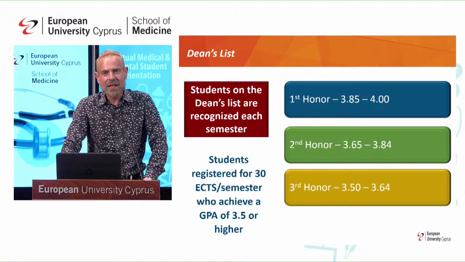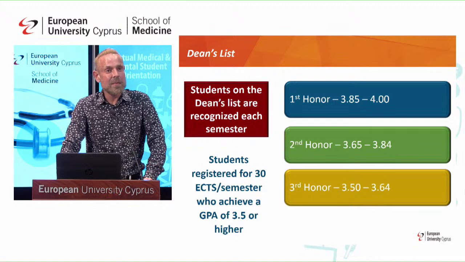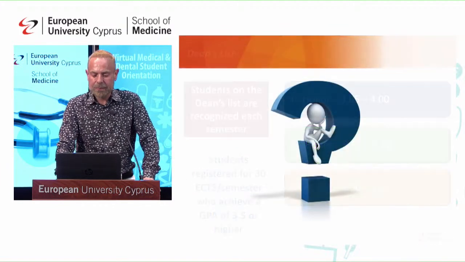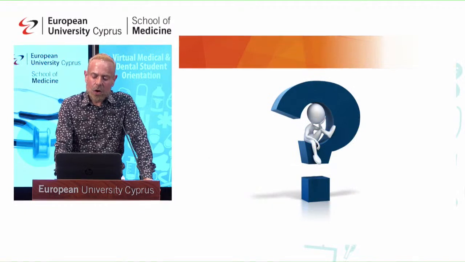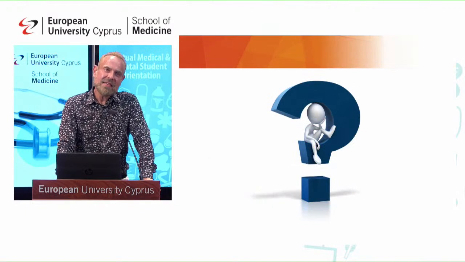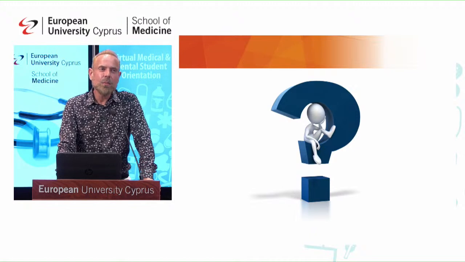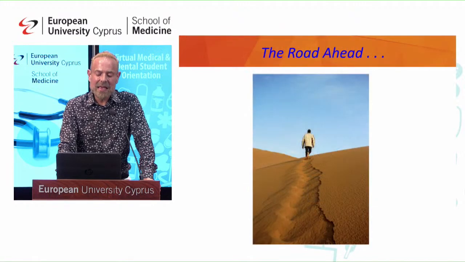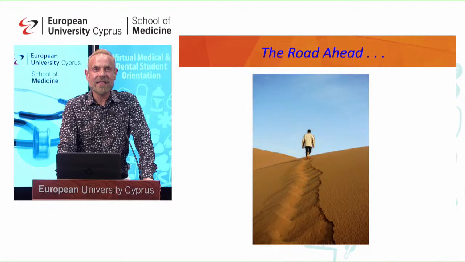The Dean's List is an achievement, and it is something that's important, and it counts significantly on your CV. I know that this system can be frustrating, and I also know that coming from different backgrounds, you may have difficulties in understanding and fulfilling the road ahead.